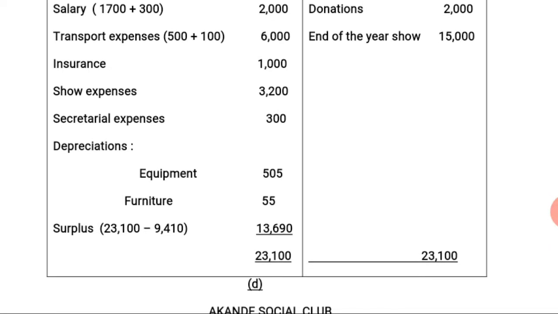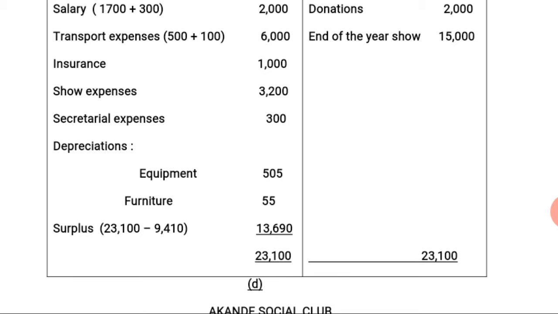So since our income side, which is the credit side, is greater than the debit side, which is the expenses side, we have to deduct the total of the expenditure 9,410 naira from the total of the income, which stood at 23,100 naira.